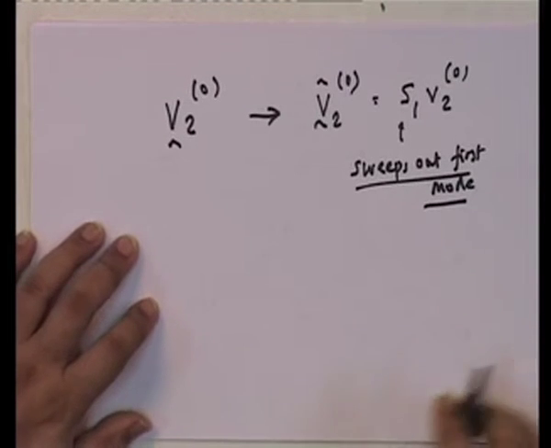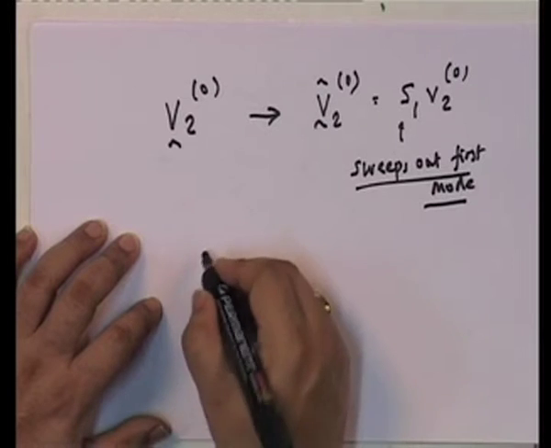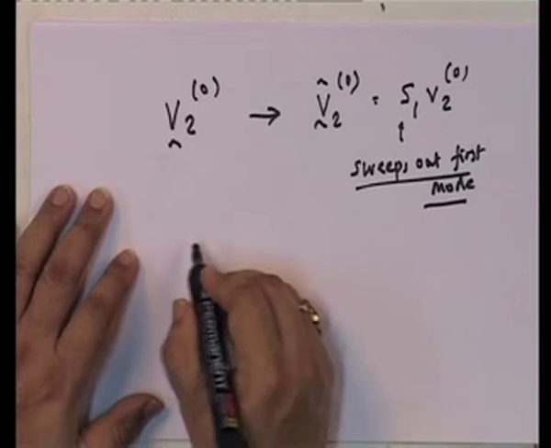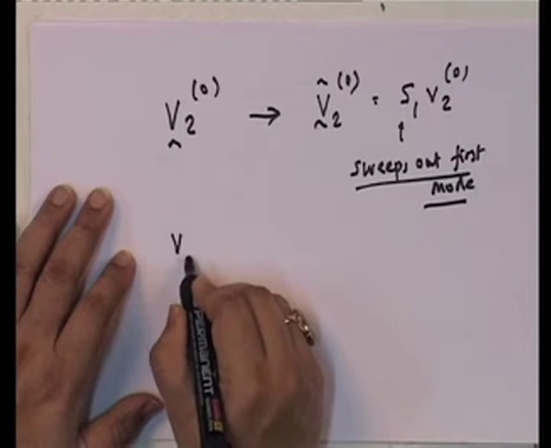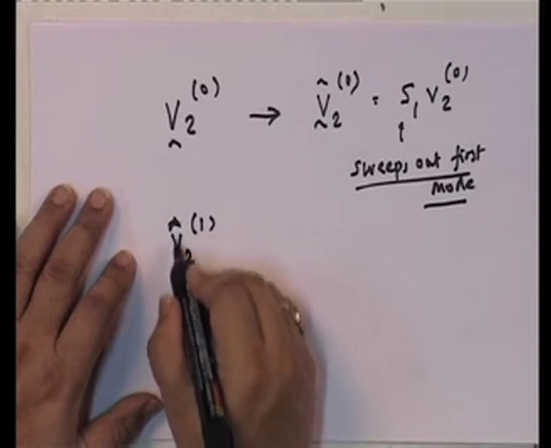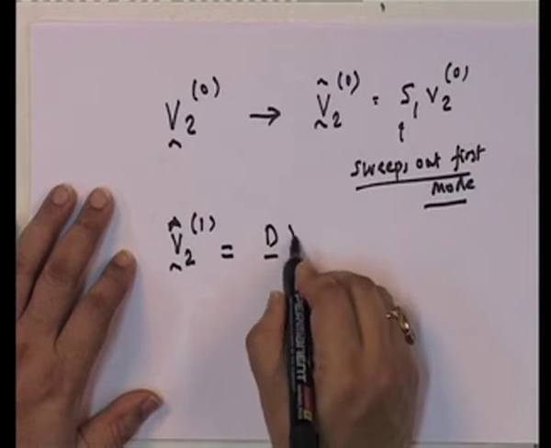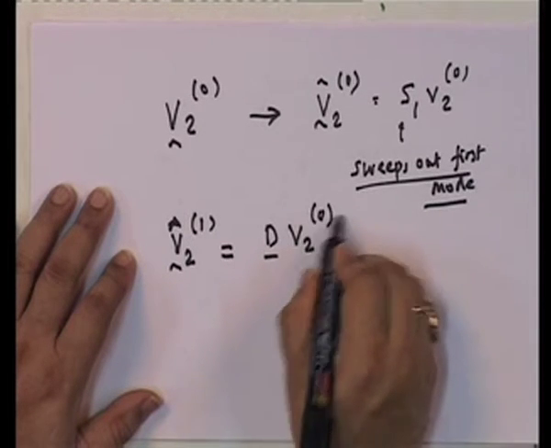Then we can write this in this format: find out V2 1 hat, which is equal to D into V2 hat.